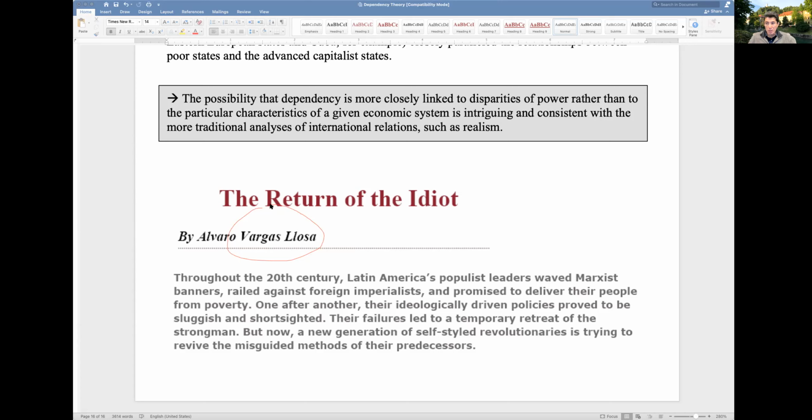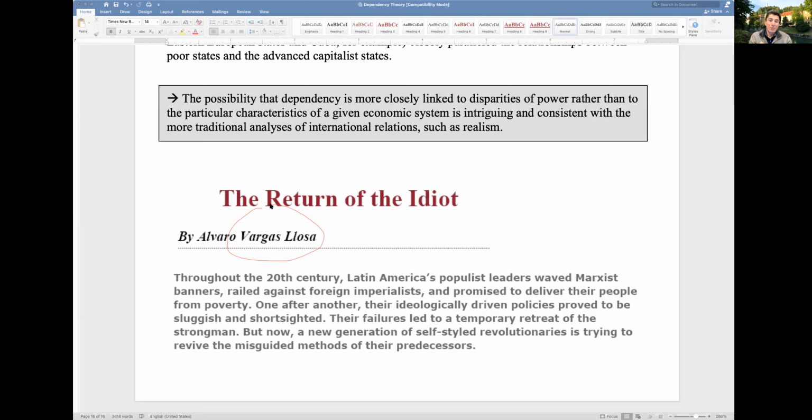The reason I'm bringing this up is because all of these policies that took place in the 60s and 70s in Latin America, as we will see, didn't work very well. And for reasons that we are going to explore later, 30, 40 years later, in the 2000s and 2010s, they came back to Latin America.